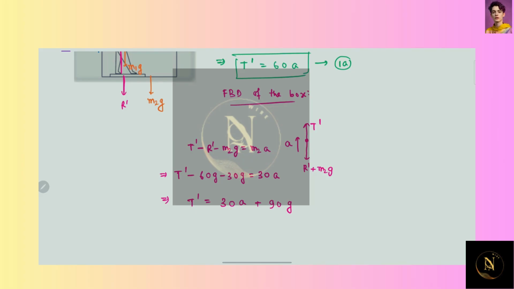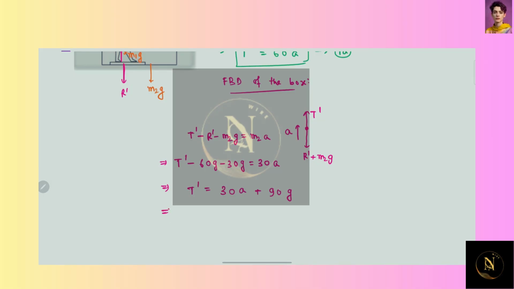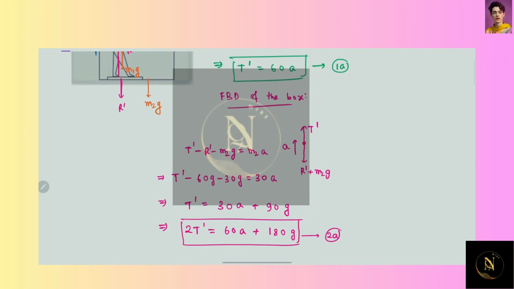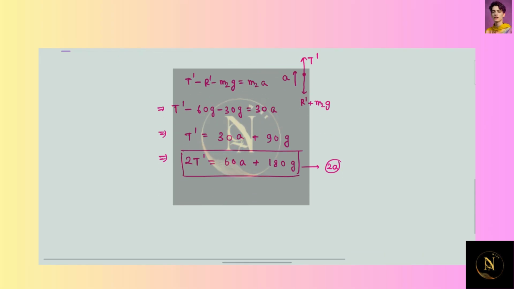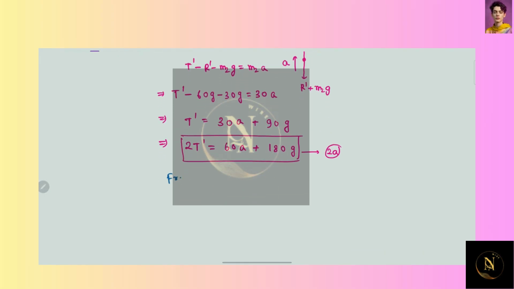Then from equations 1a and 2a, we can write that 2T prime equals 60a, which is T prime, plus 180g.